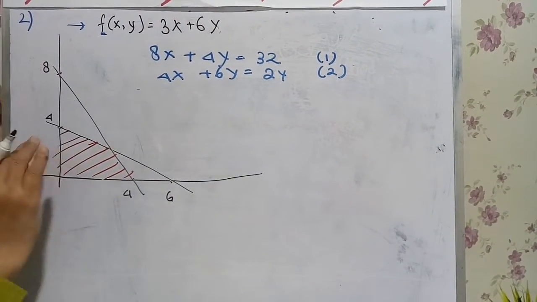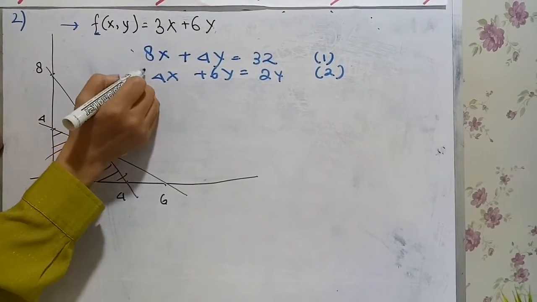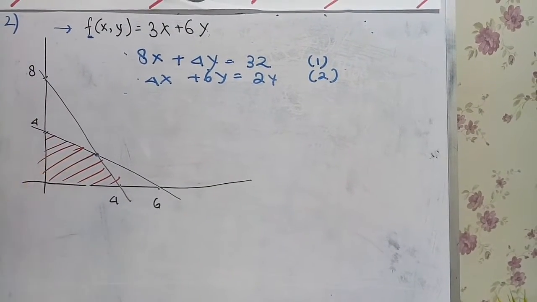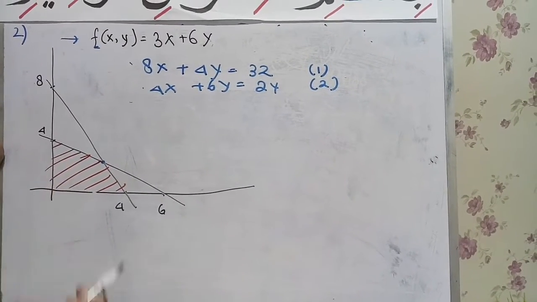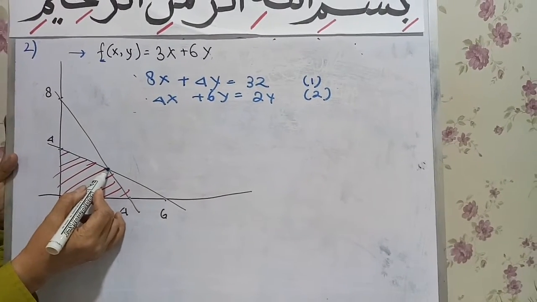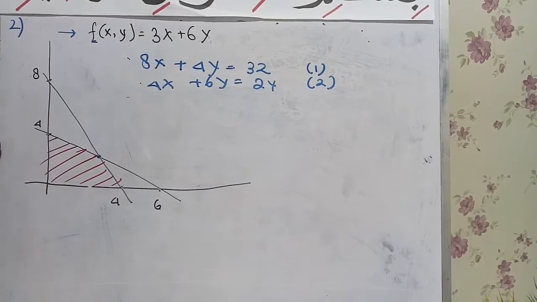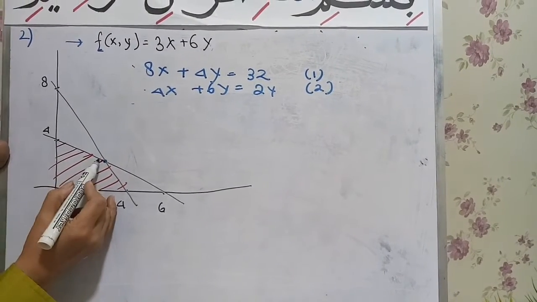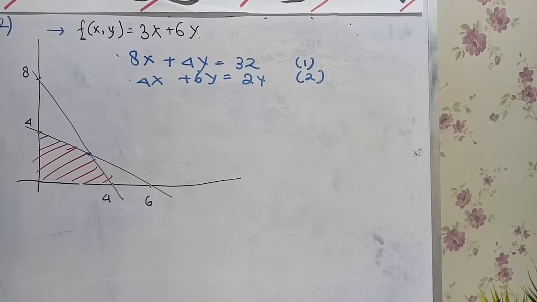We also have the intersection of line 1 and line 2, over here. This is the one we have to find because we don't have the coordinate of this point yet. Actually, with your eyeball you can see the coordinate, but it could be not accurate.